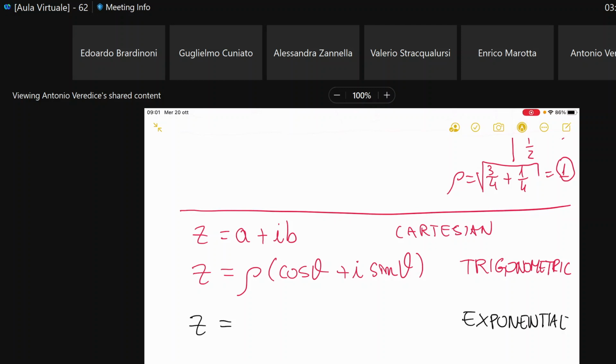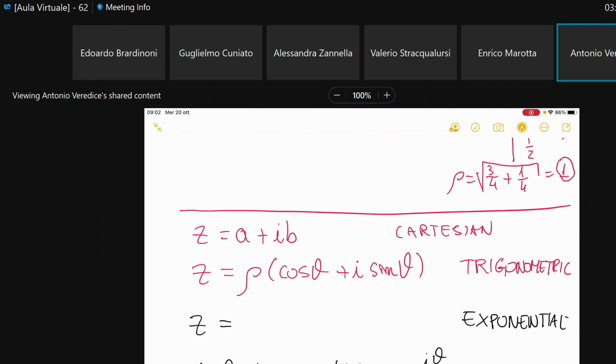Before writing down the exponential representation, I want to recall Euler's equation. It's an important relation found out by Euler, the Swiss mathematician, between the exponential and the cosine and sine.